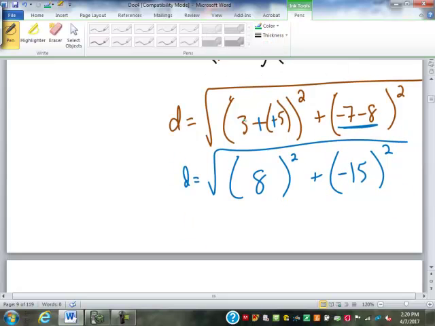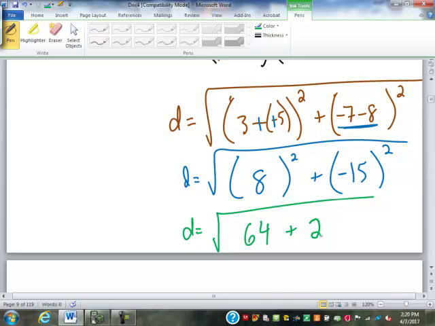So now our next step, we're going to square 8. What's 8 squared? Careful. 8 times 8 is 64. Good. -15 squared is going to be the same as 15 squared. What's 15 times 15? 125.